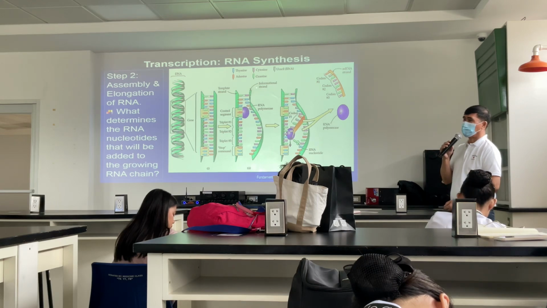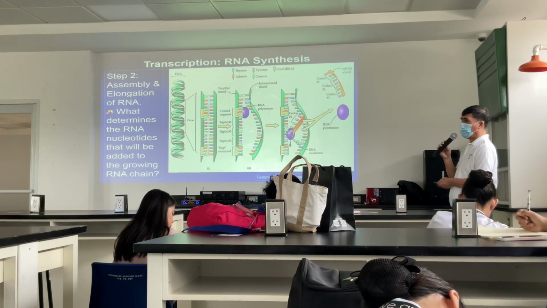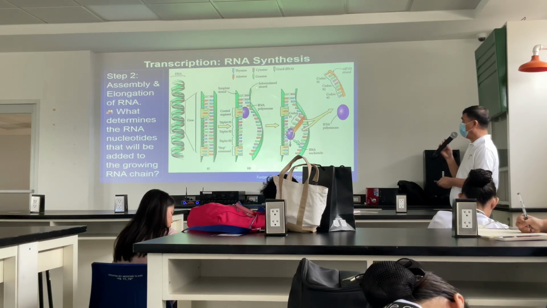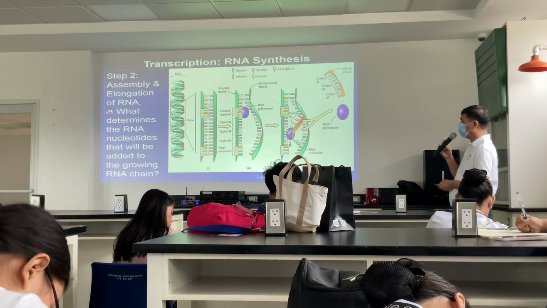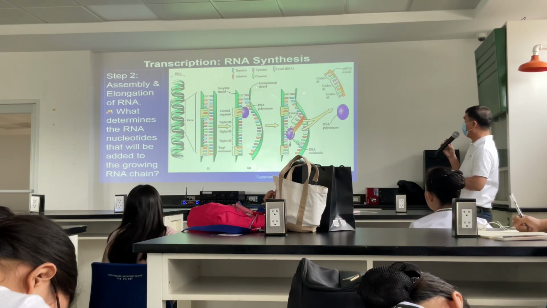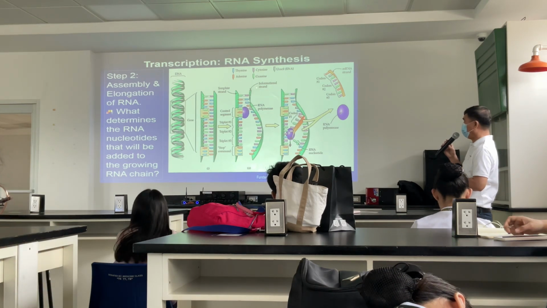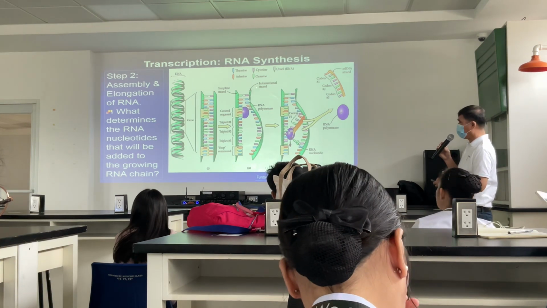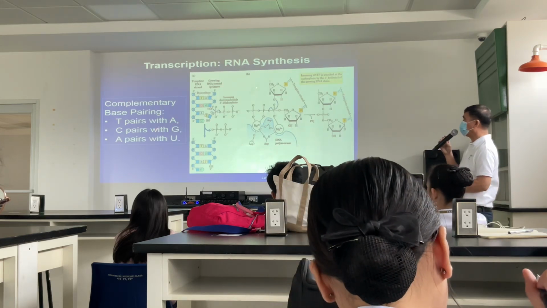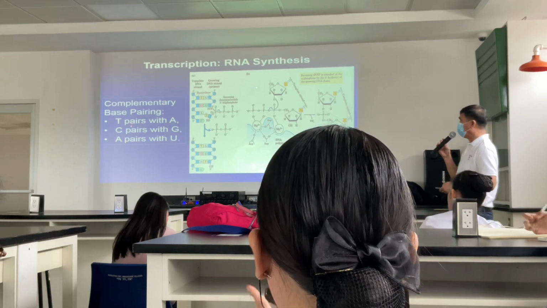Okay. So you have triplets of bases coming in phase that will now dictate what ribonucleotides will be added to the growing RNA molecule. So this is the base pairing during synthesis of RNA.